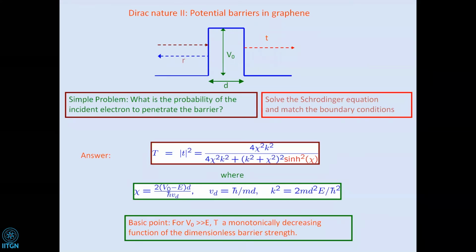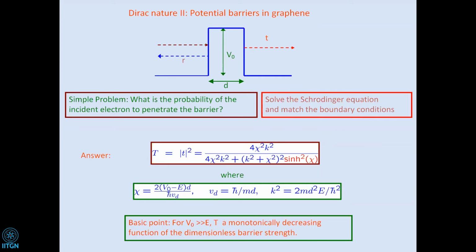Imagine targeting an electron or a particle with energy E which is lower than that of the barrier. In the classical world, this is like throwing a ball at a wall. As long as the starting height of the ball is lower than the height of the wall, the ball is going to strike the wall and come back with unit probability. It's not a probabilistic thing, it's a deterministic thing, and the ball will always come back.